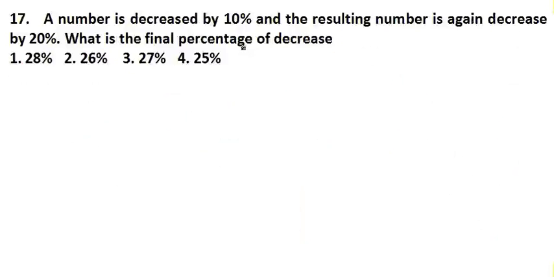Now question number 17 is very simple. Suppose the number is 100, it got decreased by 10%, which means 90. Again it got decreased by 20%. If you decrease 20% in 90, then how much do you get?